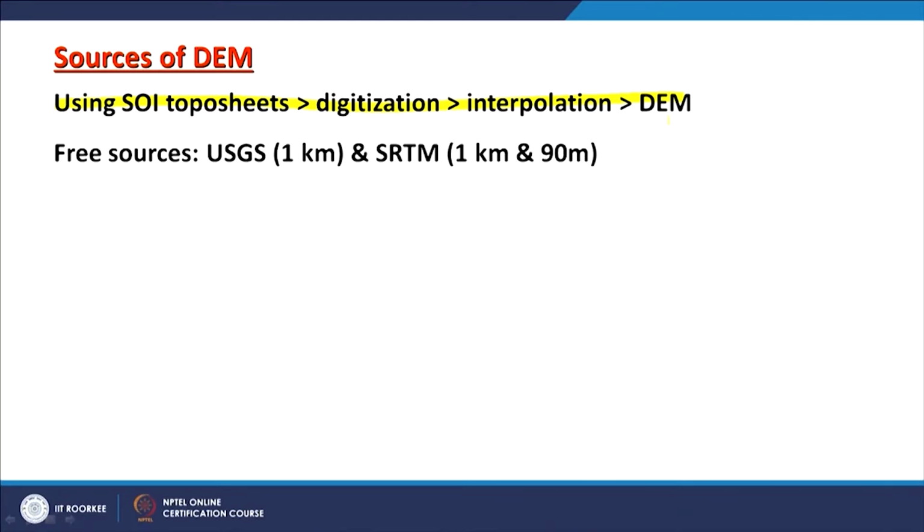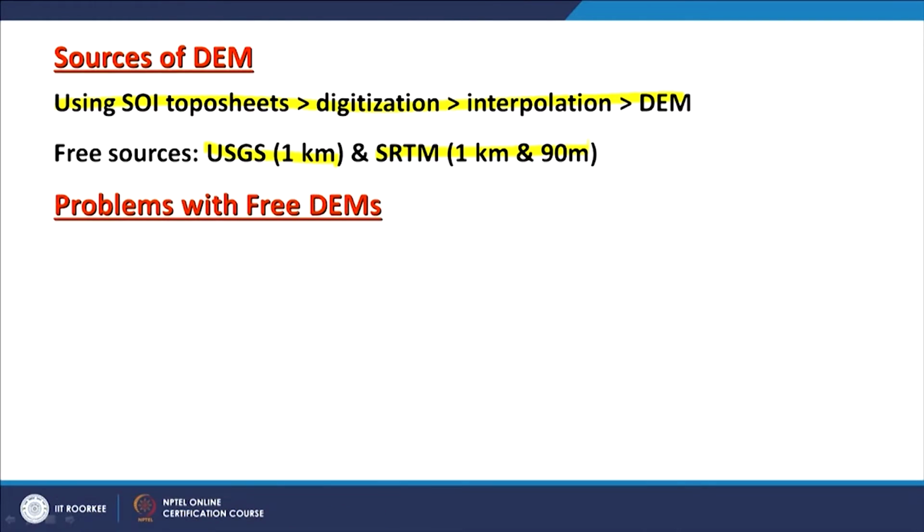And these are the free resources, the topo sheet based USGS DM which I have already discussed. So, the free resource is 1 kilometer USGS DM. SRTM was also developed initially for 1 kilometer, 90 meter, and now 30 meter is also available.